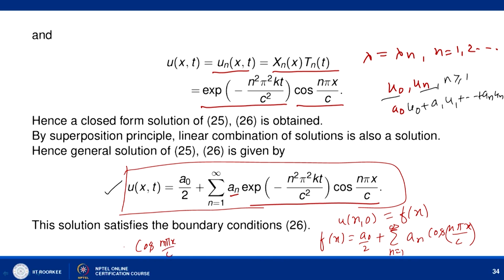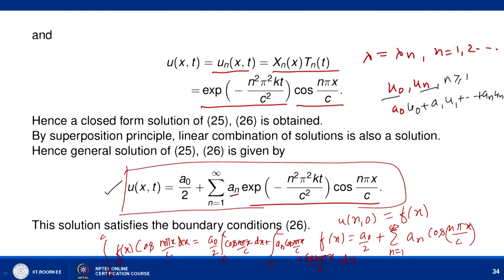So you multiply f of x, and between the interval 0 to c, we have written integral 0 to c f of x into cos n pi x by c dx equal to a naught by 2 integral 0 to c cos of n pi x by c, m pi x by c dx, plus a n cos of n pi x by c into cos of m pi x by c dx from 0 to c.